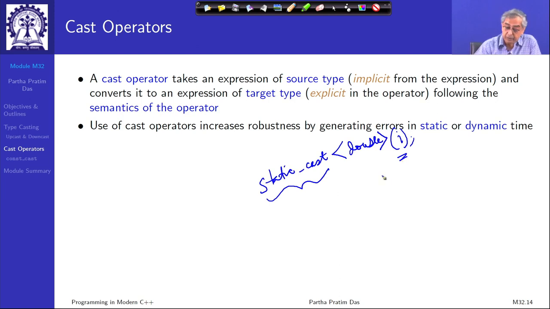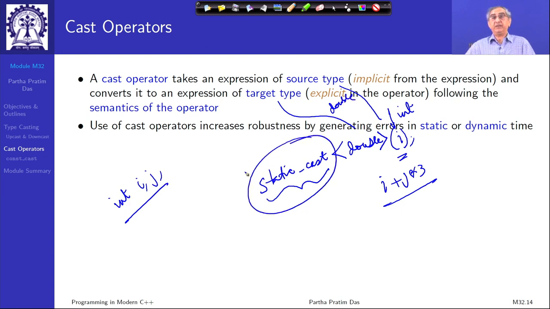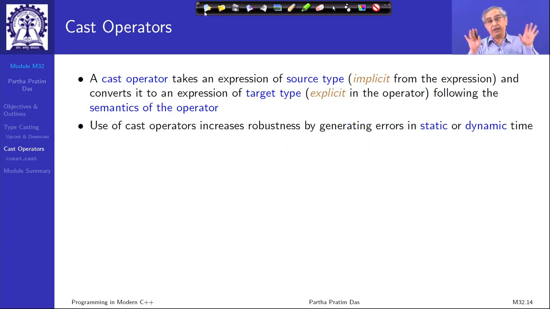It could have been an expression i + j * 3 if i, j are integers. I know i + j * 3 is of type int. So, the source type is int, the target type is double, and the semantics of the cast is static_cast. This is the basic form of the expression of every cast operator in C++.